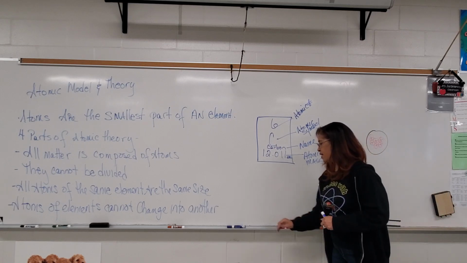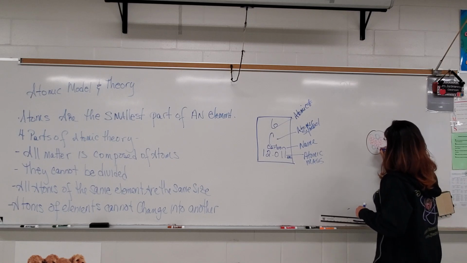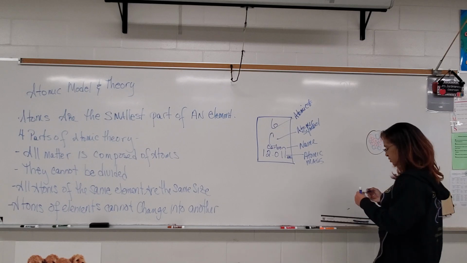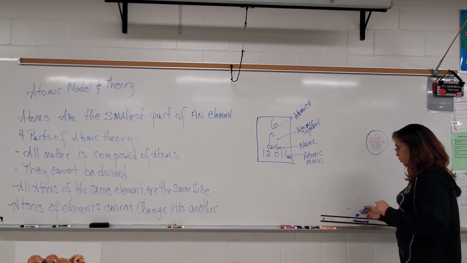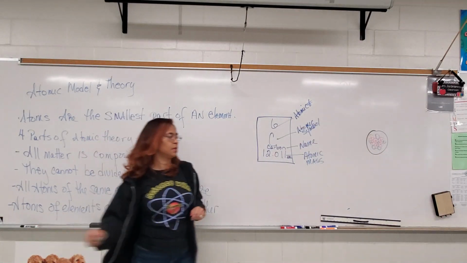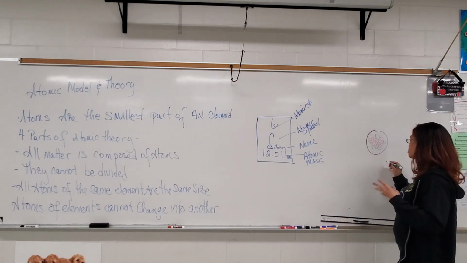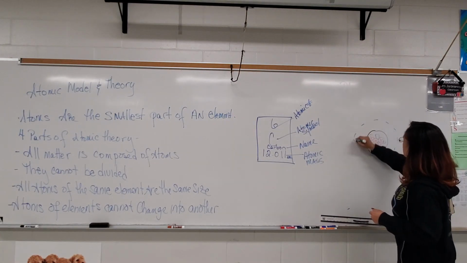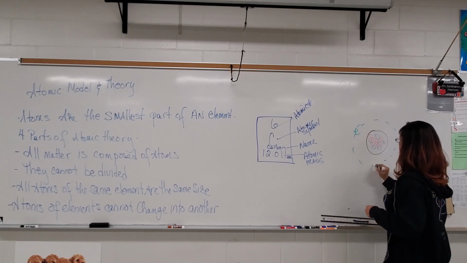And then we have 1, 2, 3, 4, 5, 6 neutrons. And then on the outside of the nucleus, you have the first shell, excuse me, the first shell has 2 electrons.